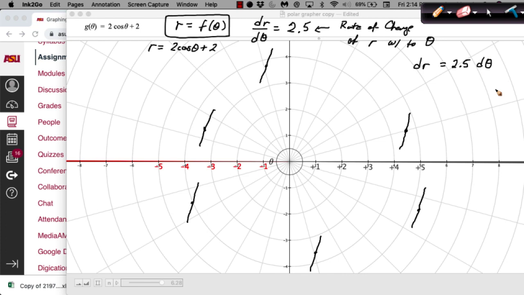Okay, so I've drawn little parts of six functions here. I want you to analyze dr d theta.